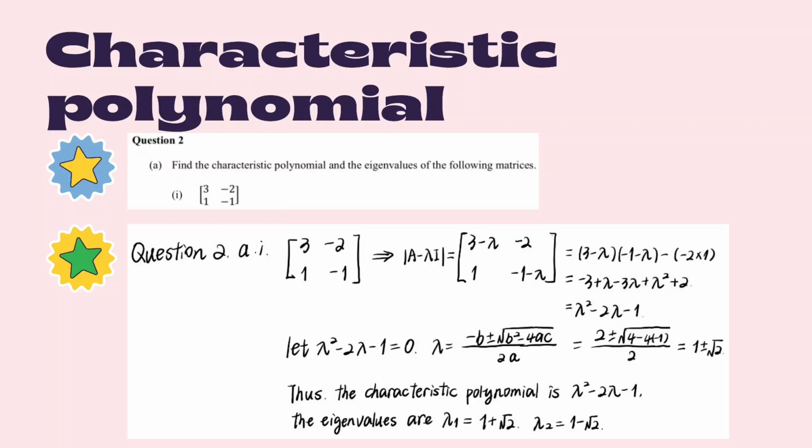As you can see, A minus lambda I equals (3 minus lambda, -2, 1, -1 minus lambda), and the determinant equals (3 minus lambda) times (-1 minus lambda) minus (-2)(1). Then the answer equals lambda squared minus 2 lambda minus 1. Now let it equal 0, so we get the final answer: lambda 1 equals 1 plus square root of 2, and lambda 2 equals 1 minus square root of 2.